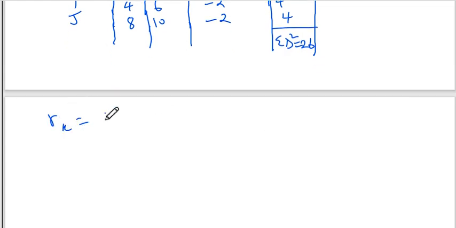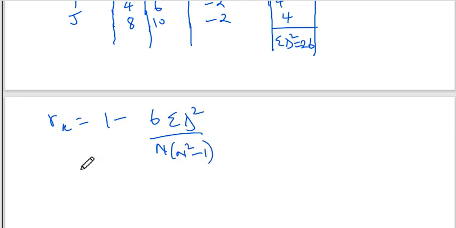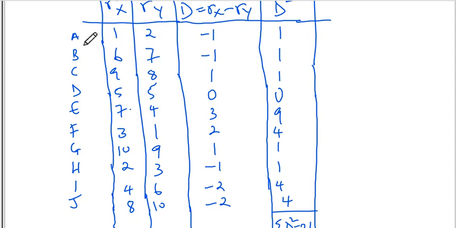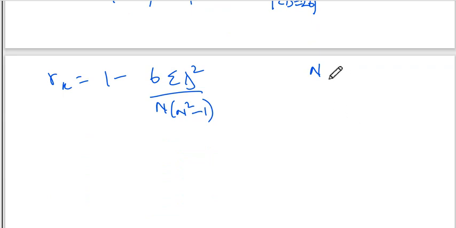So remember your formula: Rk is equal to 1 minus 6 summation d square over n bracket n square minus 1. Our n is the total number of trials. Look at it: 1, 2, 3, 4, 5, 6, 7, 8, 9, 10. So our n is 10.